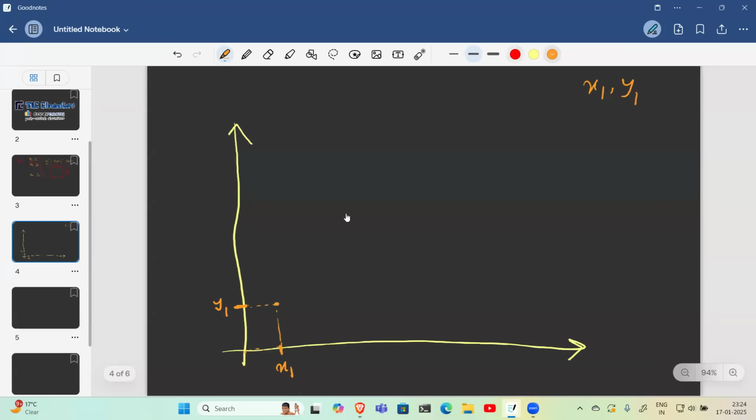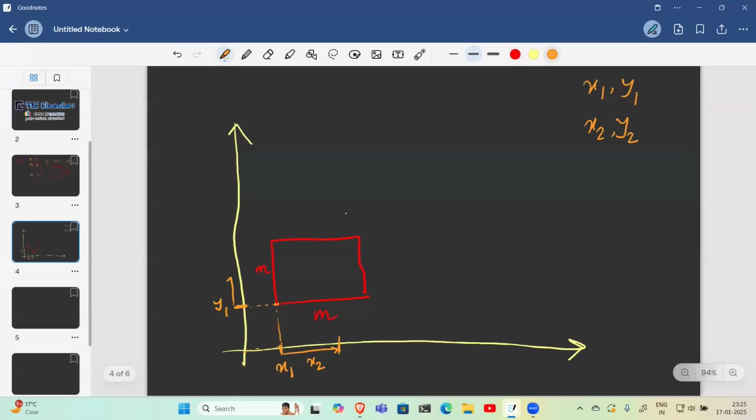So how does the stamp look? The stamp looks like an m cross m shape here, right? So this is m and this is m. Now at the next step, you shift the coordinates by x2 and y2. You shift this coordinate by x2 more, so this distance is x2 and the new x coordinate is somewhere here.